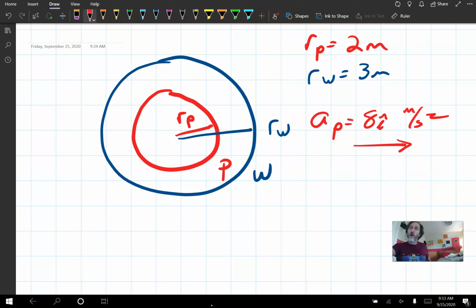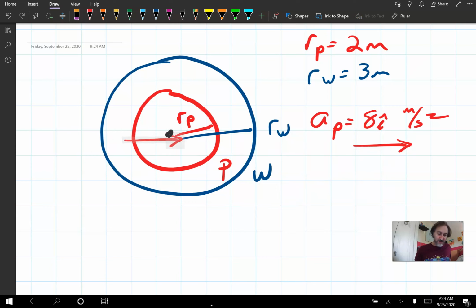Here's one of the two things at the crux of this problem. Remember, your acceleration vector always points towards the center of the circle. Obviously, here's the center of our circle. So where do I have to put this acceleration vector such that it points at the center? It's got to be over here.